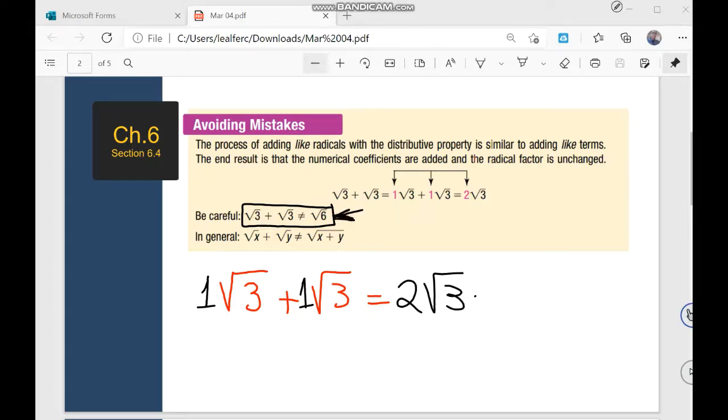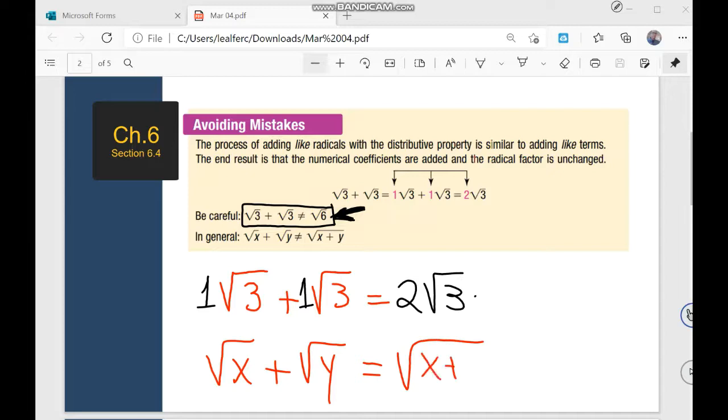Sometimes if you're working too fast and you're not paying attention, you might fall for this mistake. And sometimes you can work with variables and maybe do the same thing. You check square root of x plus square root of y, and then you are working fast, x plus y, and then go on.